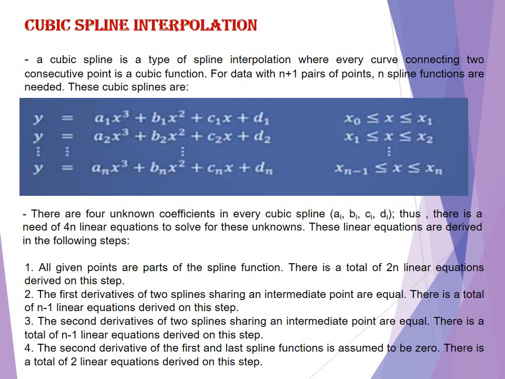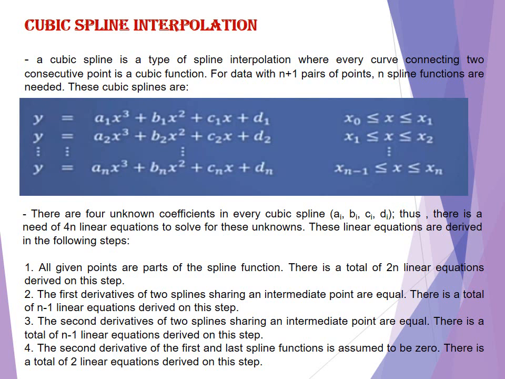For the first interval, which is x is greater than or equal to x sub 0 but less than or equal to x sub 1, y is equal to a sub 1 x cubed plus b sub 1 x squared plus c sub 1 x plus d sub 1.